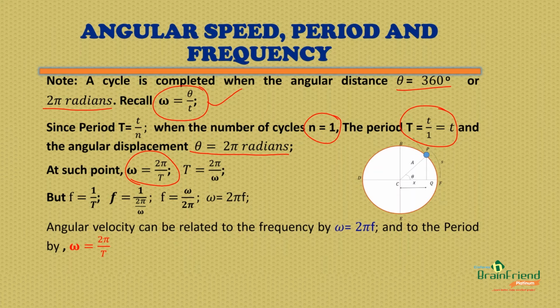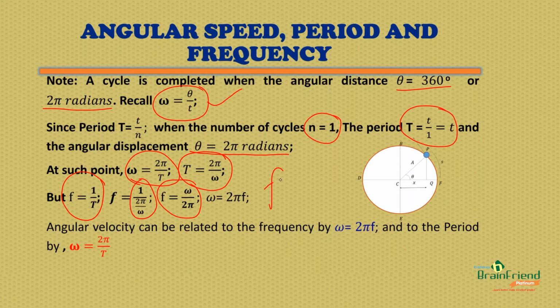When we make period the subject of the relation, we have T is equal to 2 pi over omega. But recall that frequency f is equal to 1 over T, that is the inverse of period. When we substitute 2 pi over omega for period here, we have f is equal to 1 over 2 pi over omega. And by simplification, f is equal to omega over 2 pi.